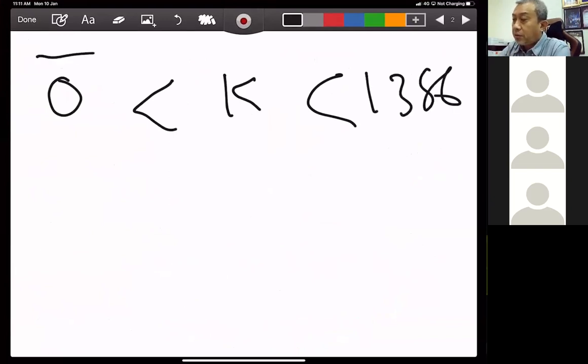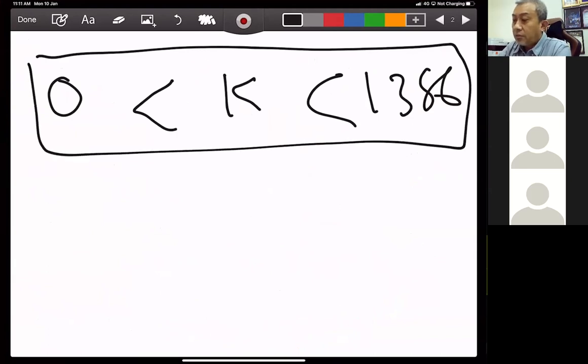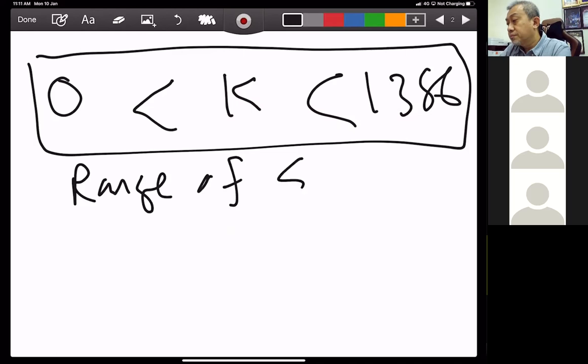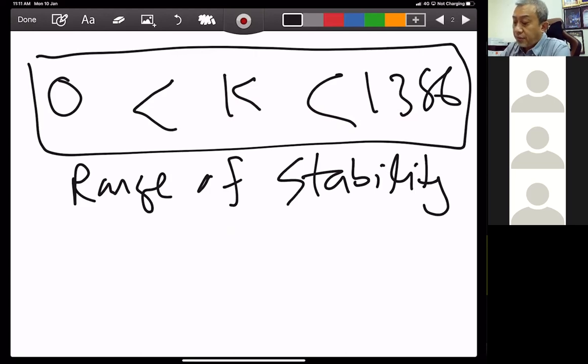Okay, so this is the range. Range of what? Range of stability.